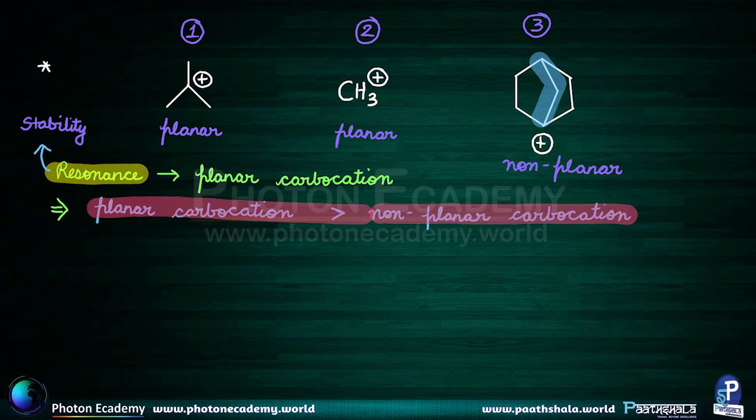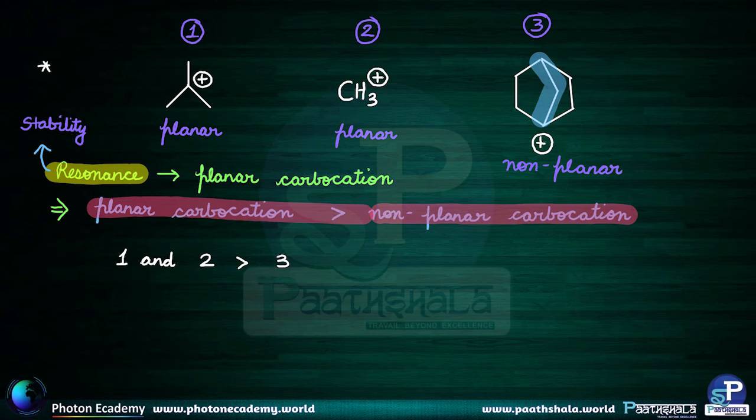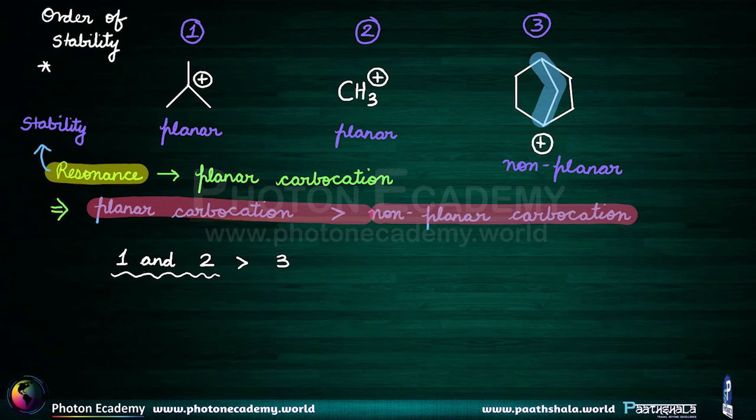This is the first deduction from the above discussion: 1 and 2 will be more stable than the third one. We are deciding the order of stability, of course. Now 1 and 2 are greater in stabilization than the third one, because the third one is a non-planar carbocation.